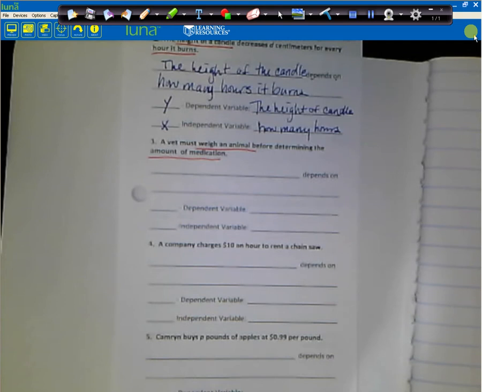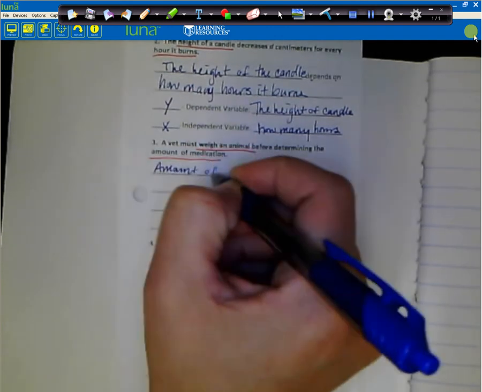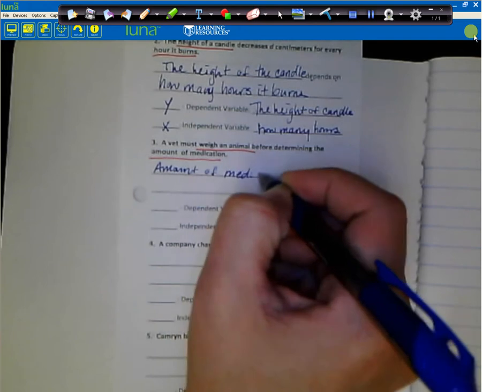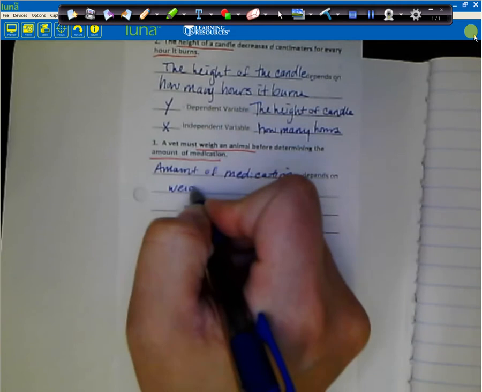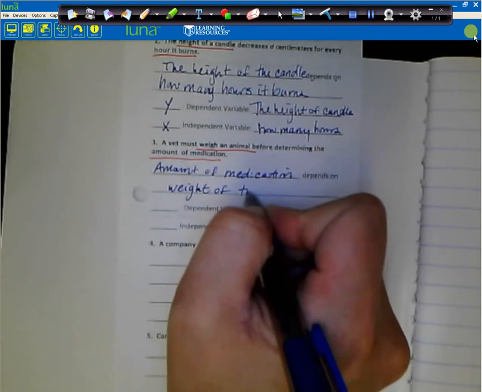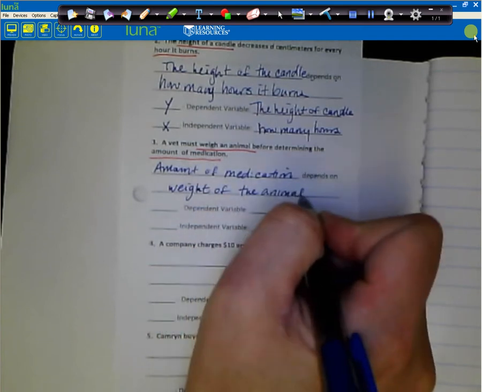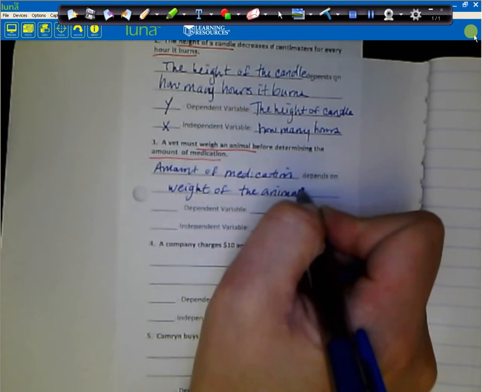Does the amount of medication depend upon the weight of the animal, or does the weight of the animal depend upon the amount of medication? The amount of medication should depend upon the weight of the animal. So you need to write that in.